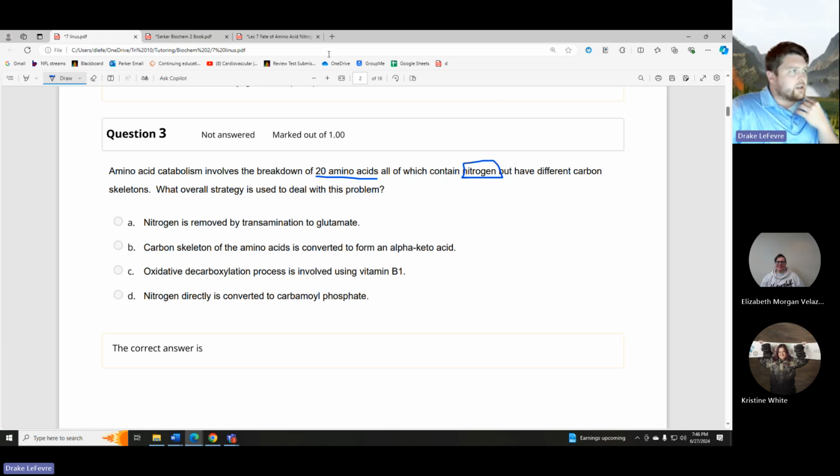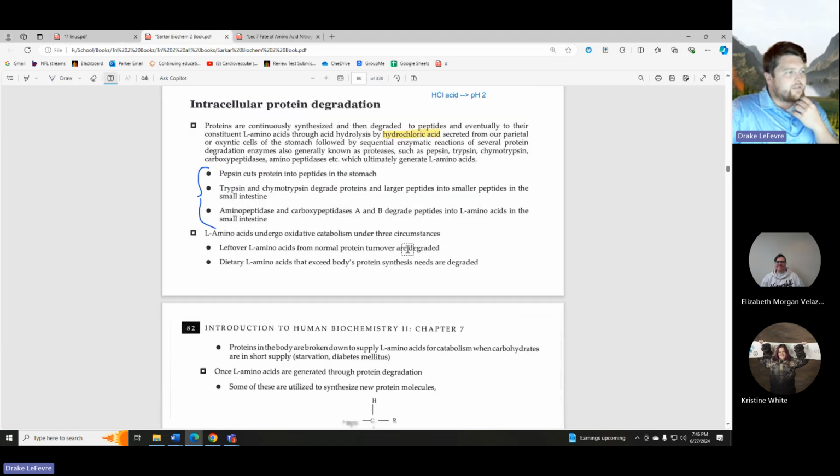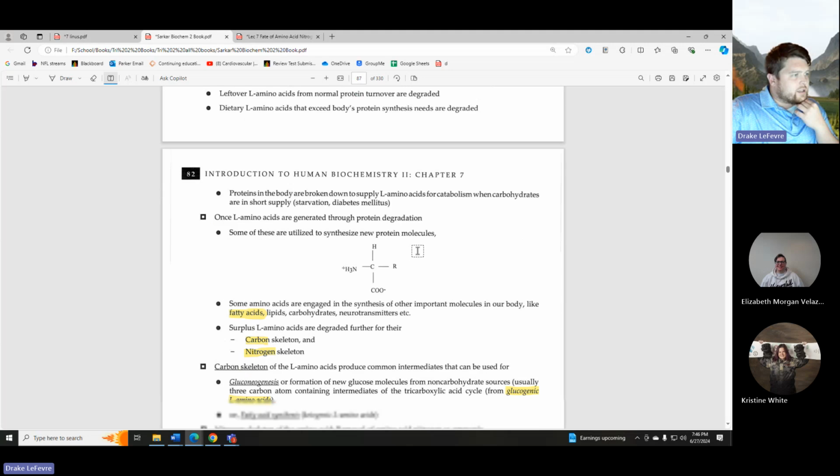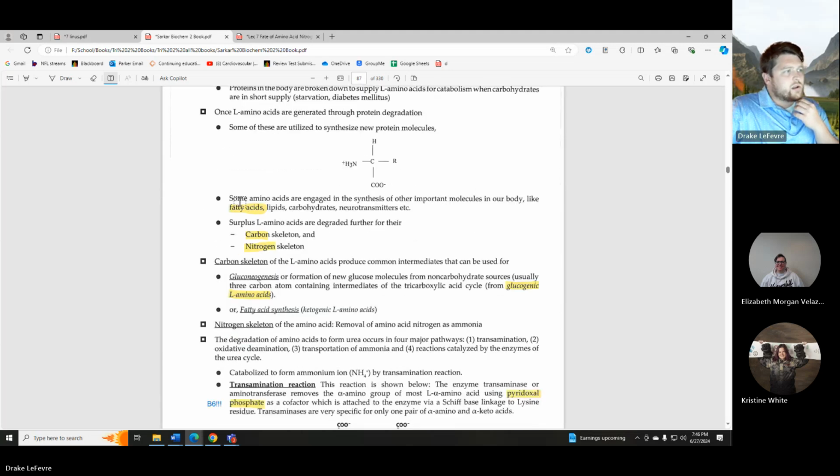So we look at this, if we actually go to the book and look at the fate of this. So the amino acids are engaged in synthesis, like fatty acids, lipids, carbohydrates, neurotransmitters, all that kind of stuff. The extra ones get broken down, and we'll get the carbon skeleton and the nitrogen skeleton.